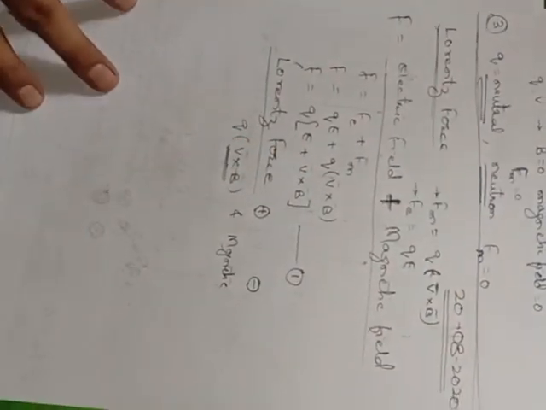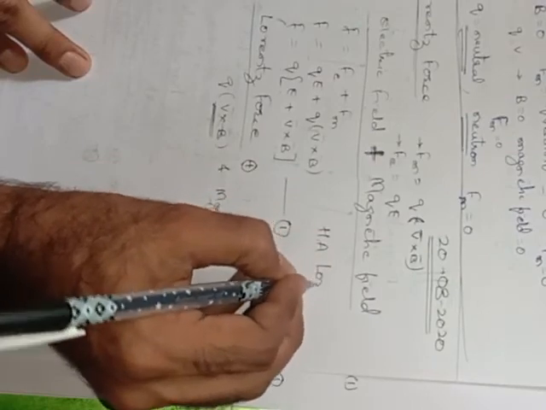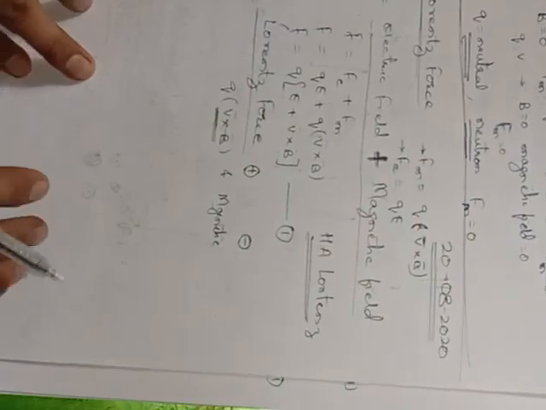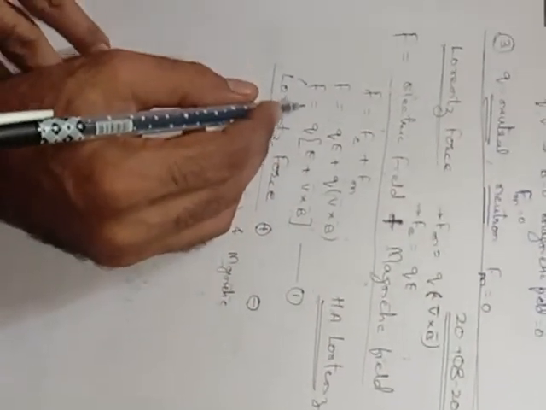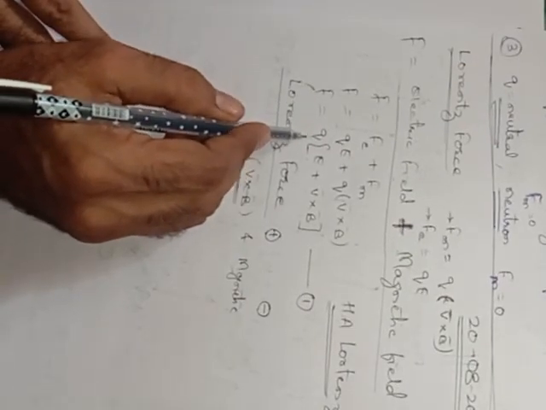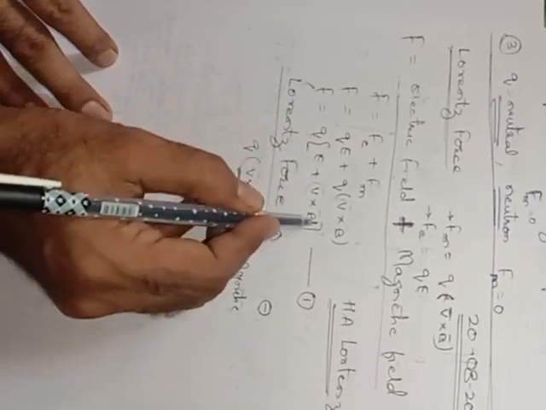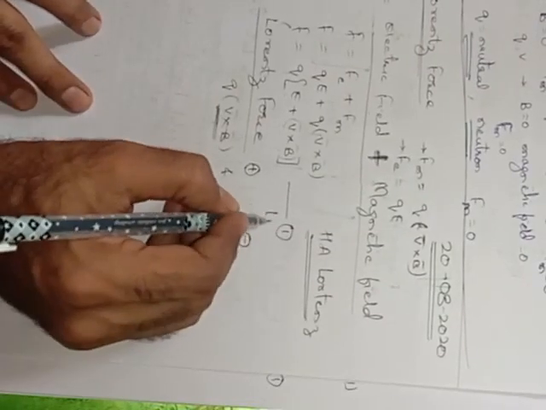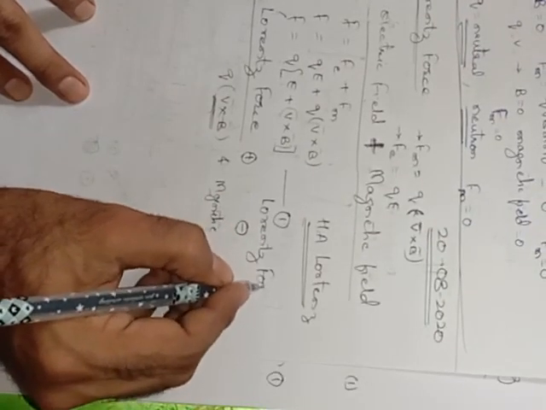And Lorentz force was given by H. A. Lorentz. And this equation, F is equal to Q in bracket E plus V cross B, is called the Lorentz force equation.